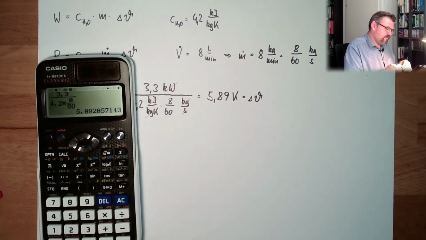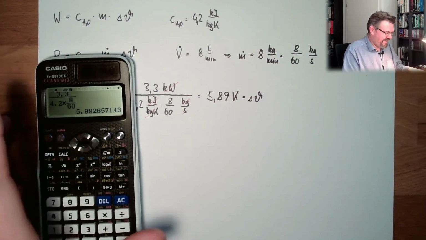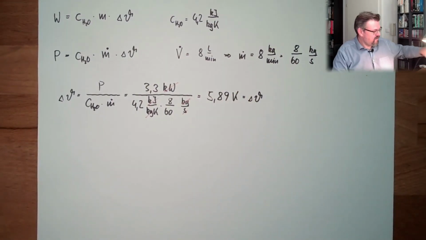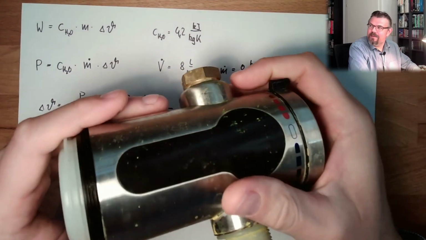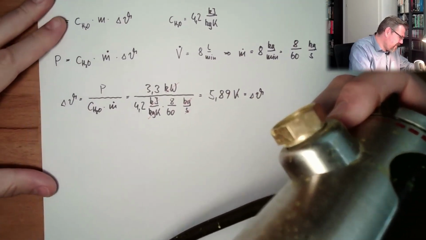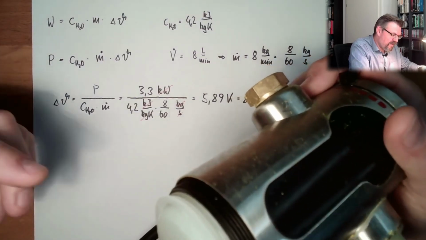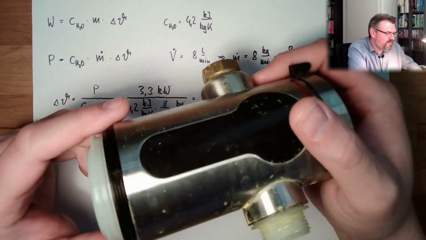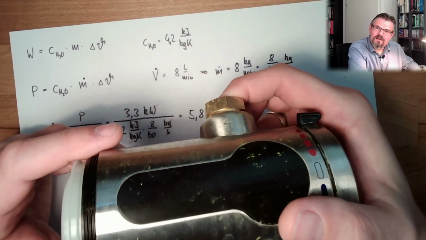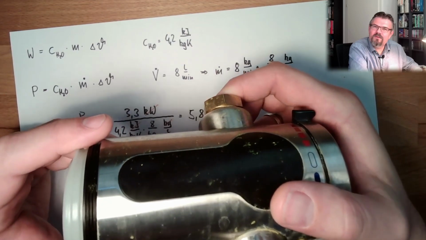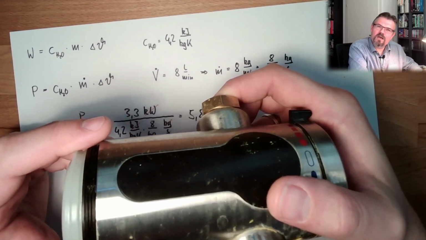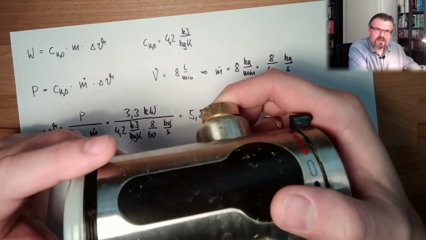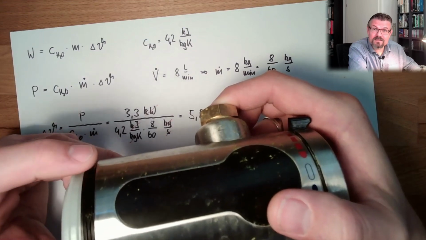So the temperature raise of this device, before and after, with a really water saving shower head, is around 6 Kelvin, 6 degrees Celsius. And if you have an incoming temperature of 12 degrees Celsius, which is the usual temperature out of the tap here, then you would end at 18 degrees Celsius. This is darn cold. This is not a hot shower.